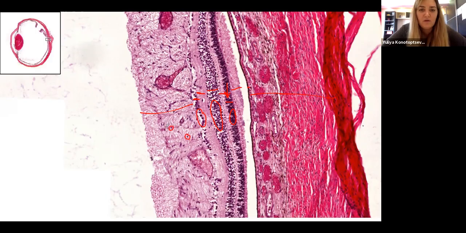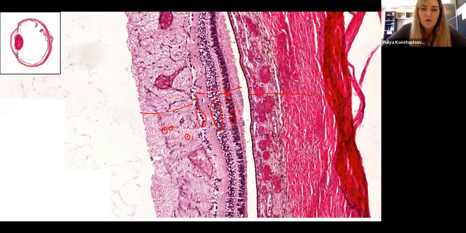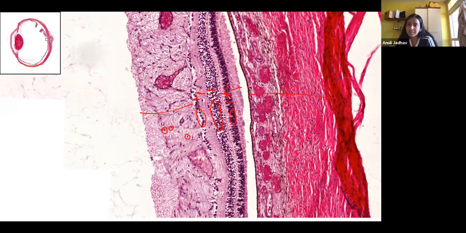Whose nuclei are these? These nuclei belong to Schwann cells. Schwann cells are in the peripheral nervous system. Oligodendrocyte?